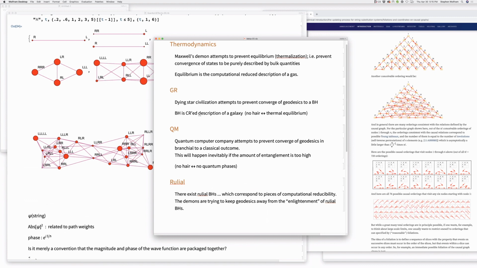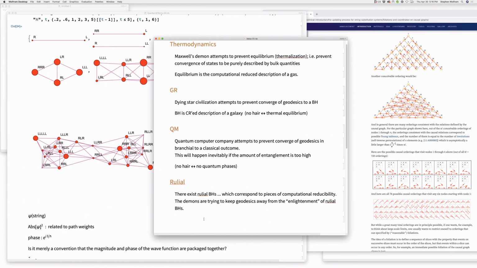No, I mean, the point about reducibility is that a Rullial black hole allows you to jump ahead without seeing all that detail. Right. But what it's saying, when you have geodesic convergence in Rullial space, I would argue, is that the analog of the no hair theorem is the statement that everything within that event horizon can be described by a single algorithm, a single rule.